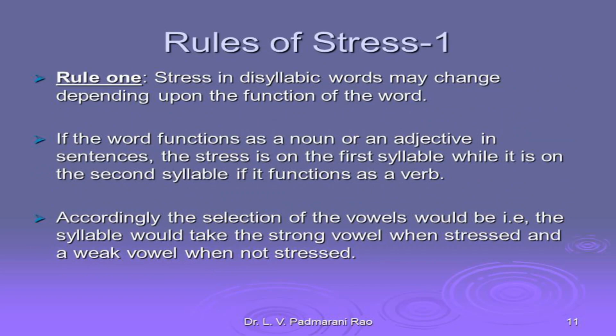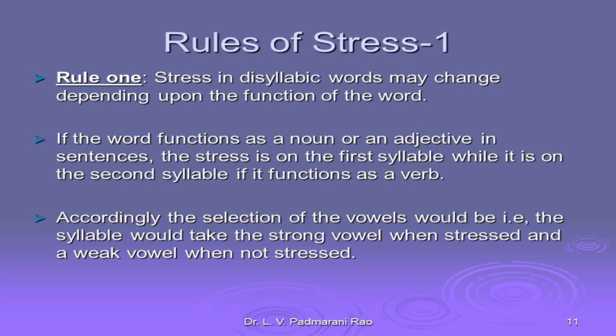The first rule of stress says that disyllabic words may change their stress depending upon the function that they do in the sentences. If the same words are functioning as nouns or adjectives, the stress is given to the first syllable. But if they are functioning as verbs in the expression, the stress is given to the second syllable.